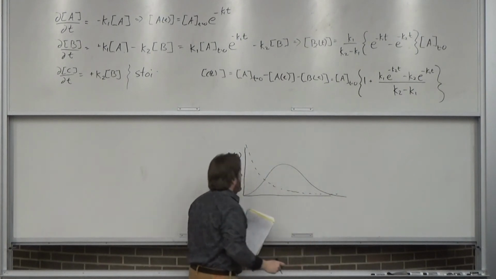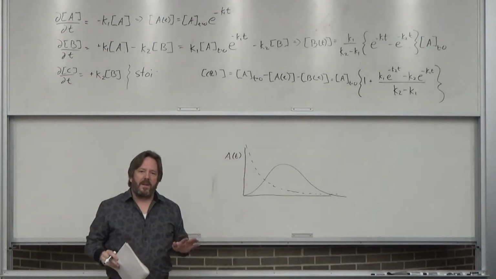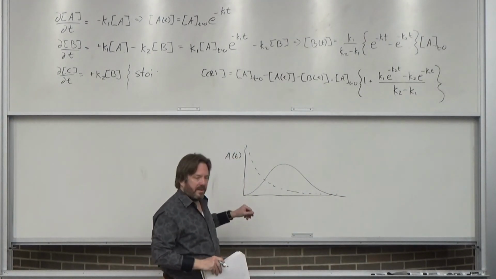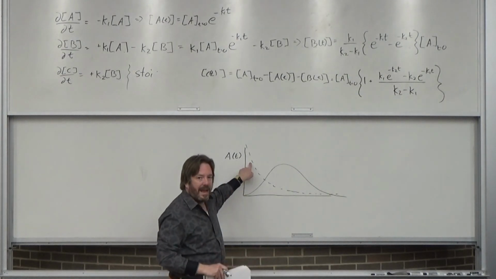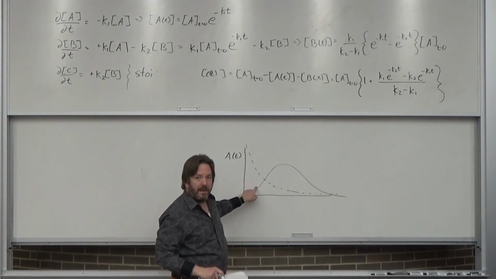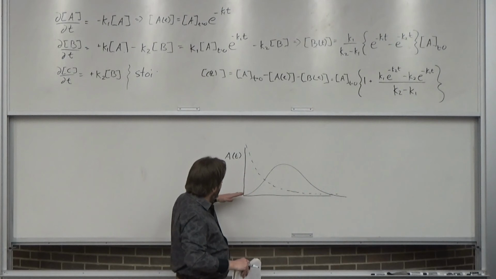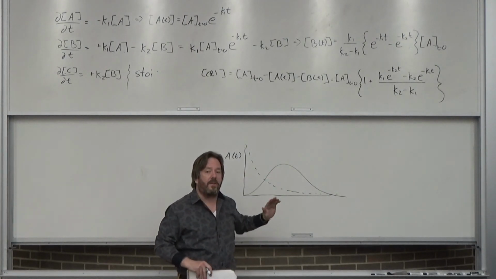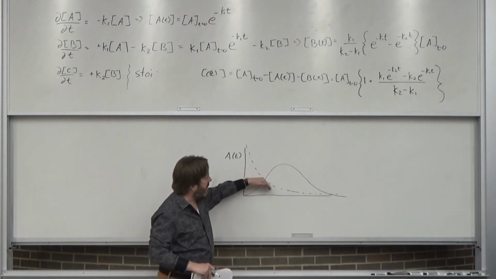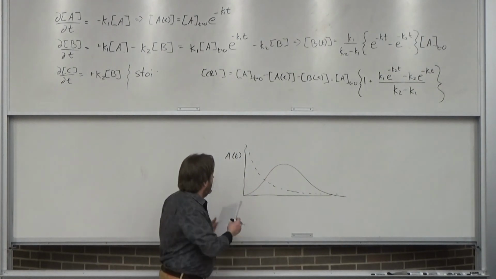Like that. Now you can kind of figure this out just from horse sense, let alone all this bloody mathematics, because if A decays, you have to get B. That's the first place it goes. So I'm not surprised to see an exponential decay in A and initially an exponential increase in B. Exponential decrease in A, exponential increase in B.